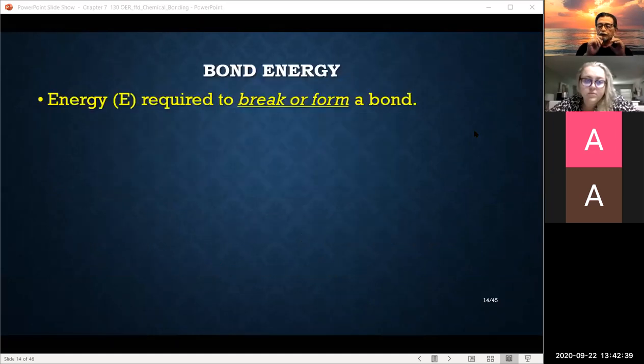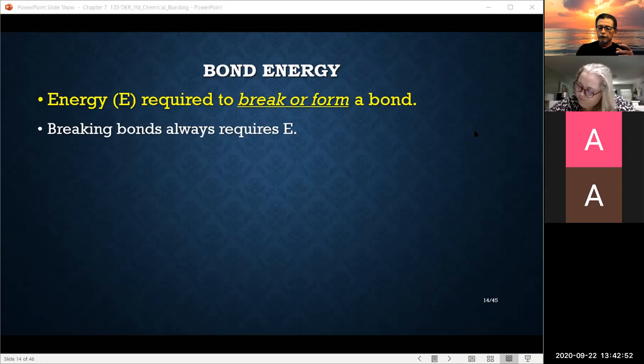So, with respect to energy and bonds, it requires energy to break or form any type of chemical bond. Breaking a bond always requires E, which is energy.